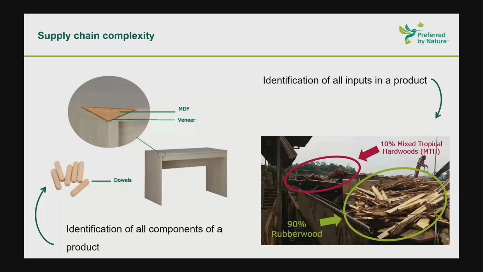side, you can see a real-life example of a composite product where 90% of the product was made from rubber wood, which is quite a low-risk species, but there was still 10% coming from tropical hardwood, which was virgin material, not recycled, and which should be assessed as such, and probably has a different country of origin than the rubber wood.